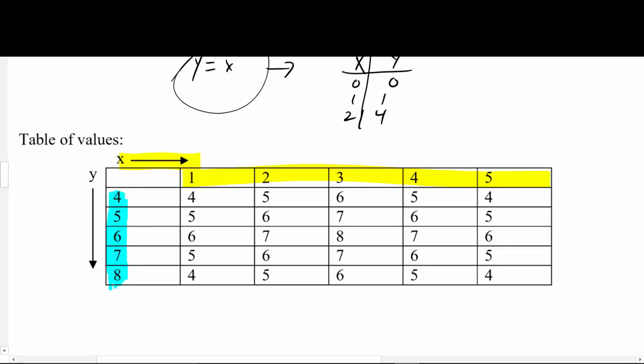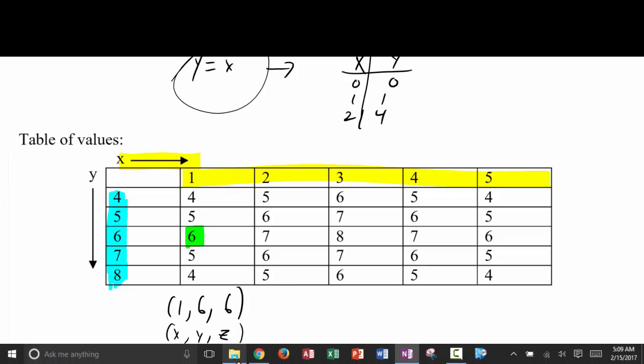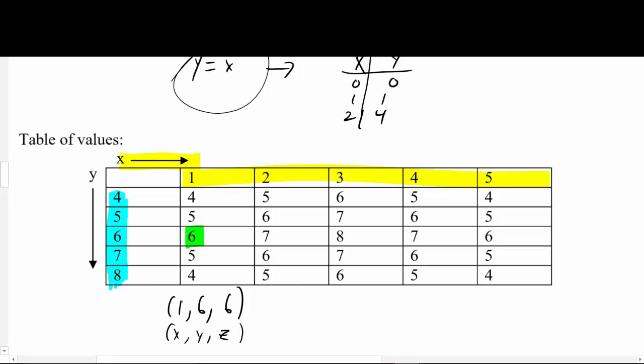So for example, let's look at this value right here, this one I just highlighted in green. This would mean when I substitute in 1 for x, 6 for y, I'm going to get out 6 for z. Now notice, instead of ordered pairs, we have ordered triplets. So an x, a y, and a z value all go together. And you just say, what were my two independents?